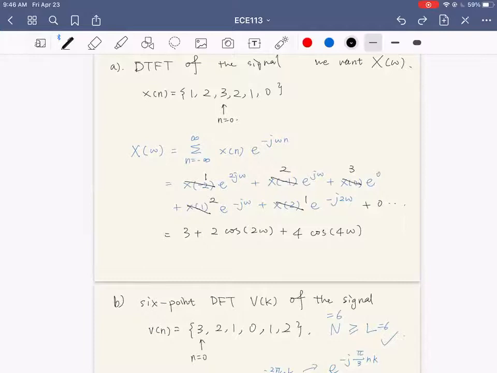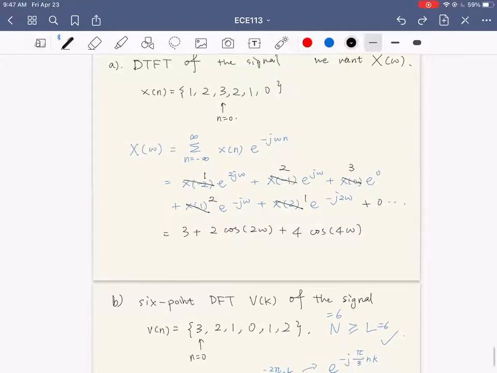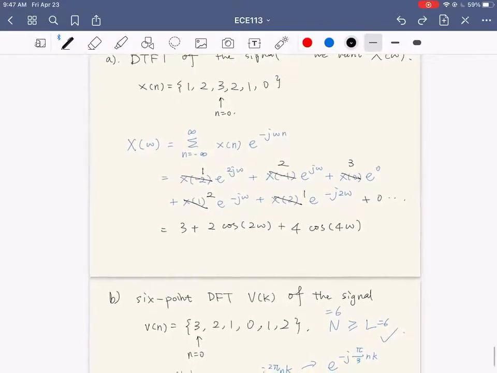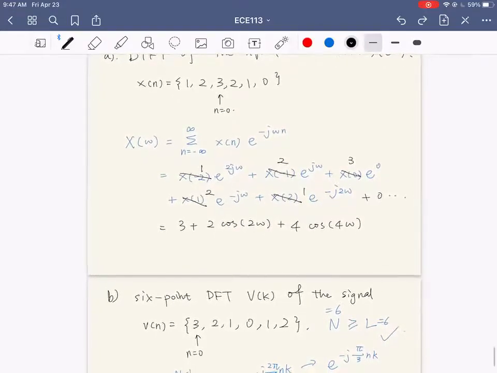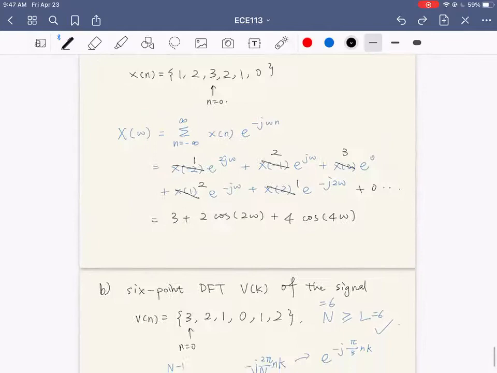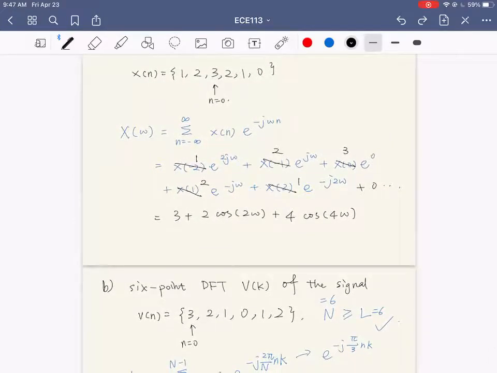Obviously they are different because the v of n only has non-negative n, and for x of n you even have x of -2, x of -1, right? So observing the signals themselves, they are different. But when you apply DFT in the frequency domain, you are actually repeating the x of n in the time domain. So after repeating, you can take any n period.